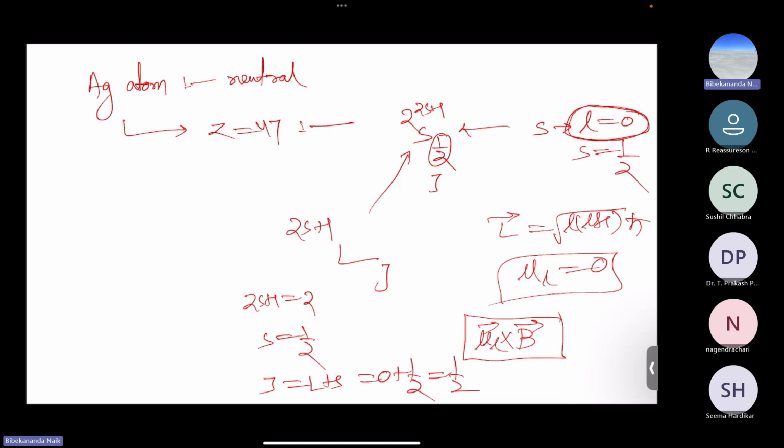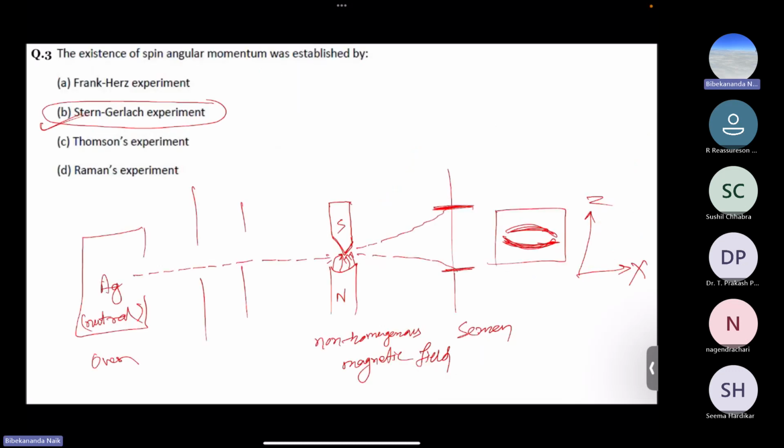But here, since the last electron is present in the s orbit, and for s L is zero, there will be no value of mu L, and it will not interact with the magnetic field. But since there are two different spots we are seeing here, it is interacting with the magnetic field.